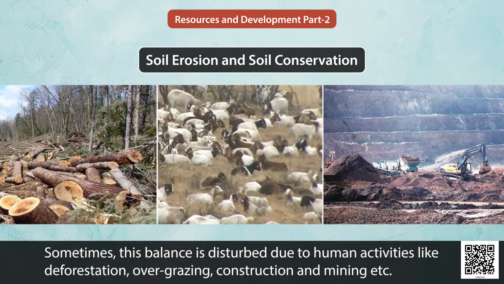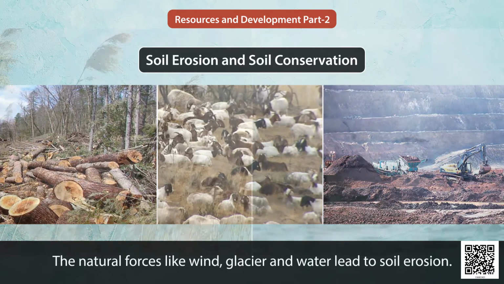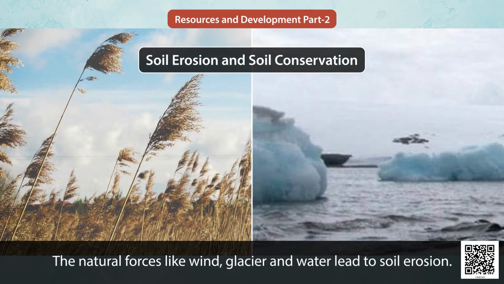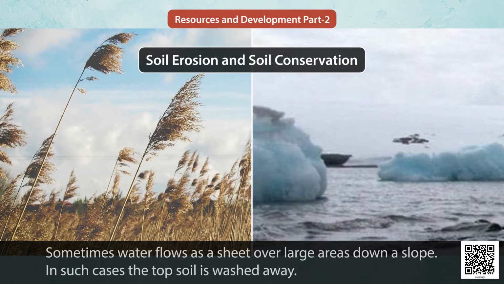But sometimes this balance is disturbed due to human activities like deforestation, overgrazing, construction and mining, etc. The natural forces like wind, glacier and water also lead to soil erosion.